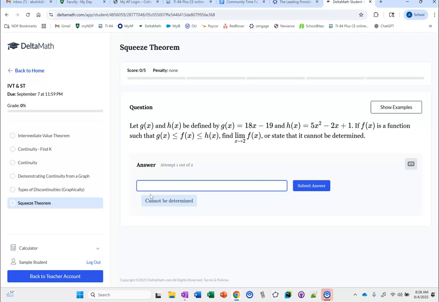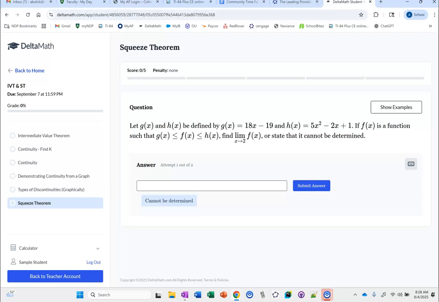So all we're really checking is the limit of 18x minus 19 as x approaches 2, and the limit of the upper function as x approaches 2. Notice both of those functions are polynomial. So to do the limit, all I have to do is direct substitution. Easy, right? Very simple. You just have to know what you're looking at.